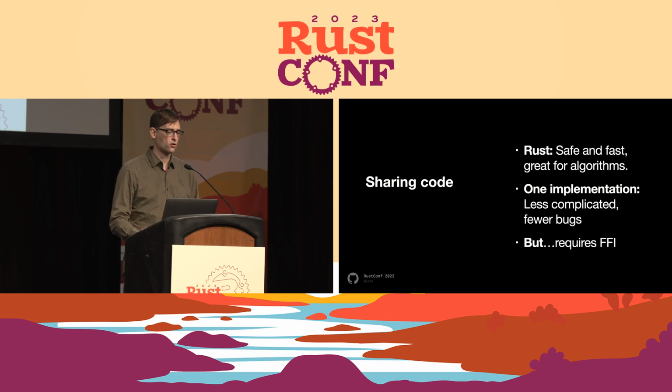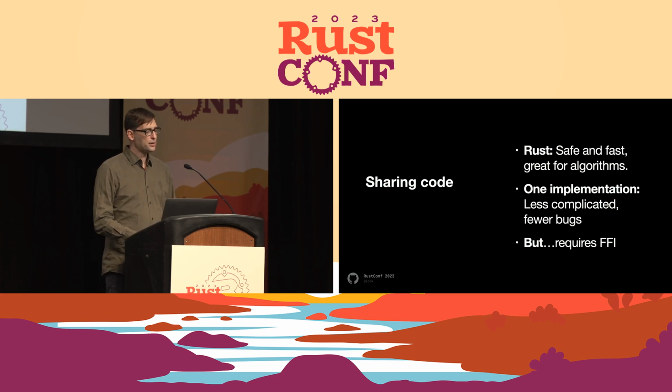Go's type system is not quite so robust. And we thought that it would be less complicated if there was just one implementation. We wouldn't have to worry about bugs that were happening because the Go implementation or the Rust implementation were slightly different from each other. But sharing the code requires using FFI.